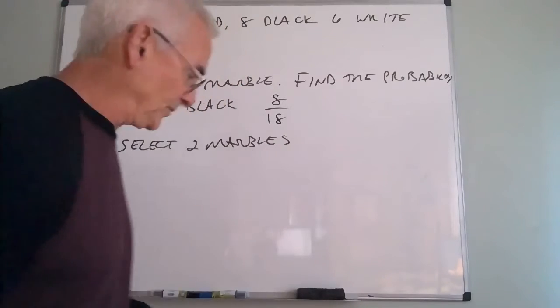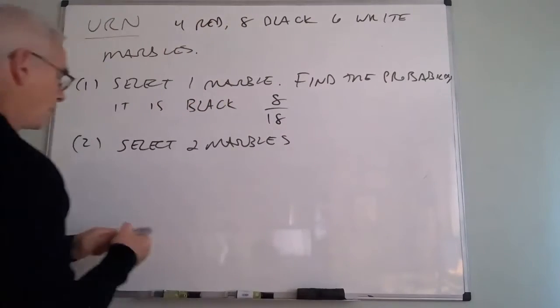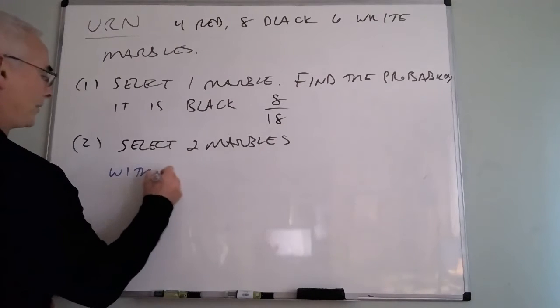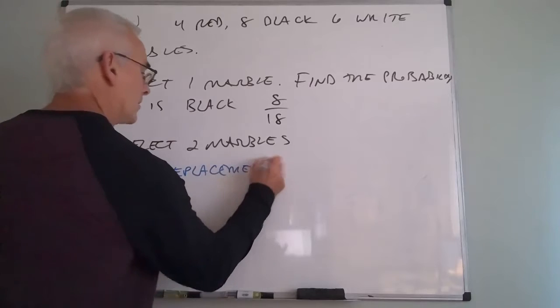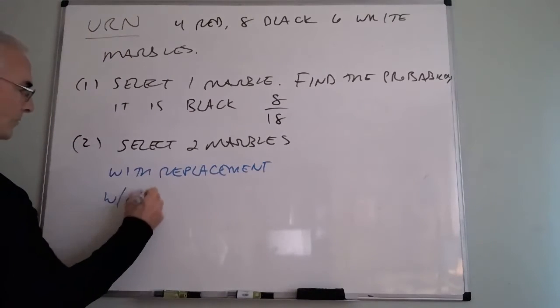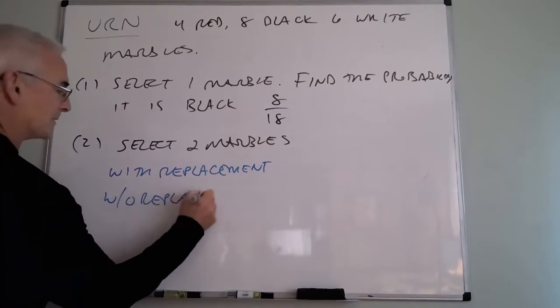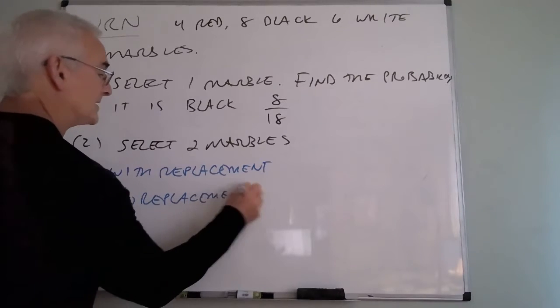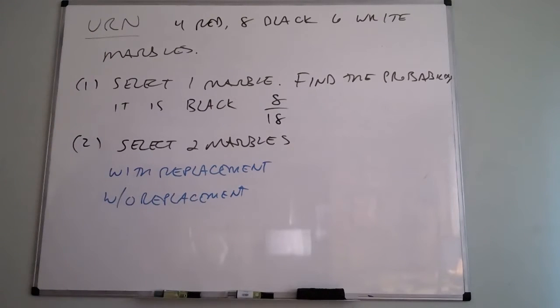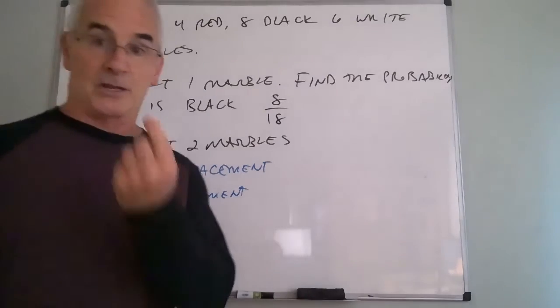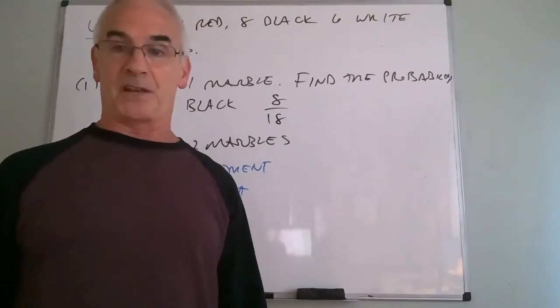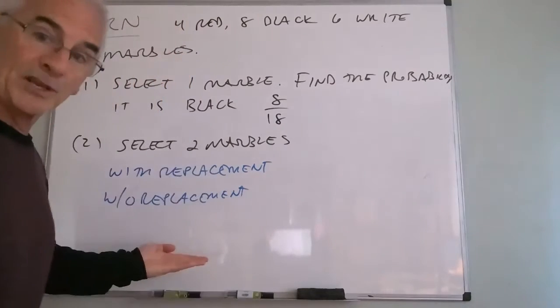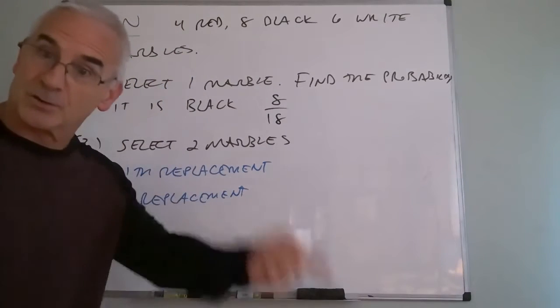So the terms we use are with replacement or without replacement. And these are very different because they will always give you different answers. With replacement is I look at my marble and I put it back in and I mix them around, so I have all of the 18 marbles on my second round. Without replacement means I look at my marble, I set it aside and I go select another marble.